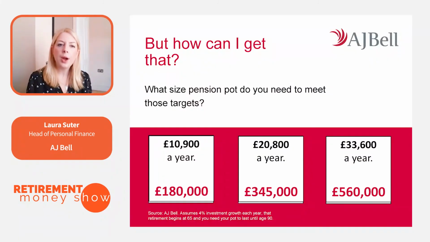But I thought it would be worth looking at this. So what income you might need in retirement. This is looking at the PLSA, which is a trade organization looking at what they call their retirement living standards. So they've taken all aspects of your life in retirement and totted up how much they would cost. So things like meals out, holidays, your essential bills, and tried to look at what income you might need.